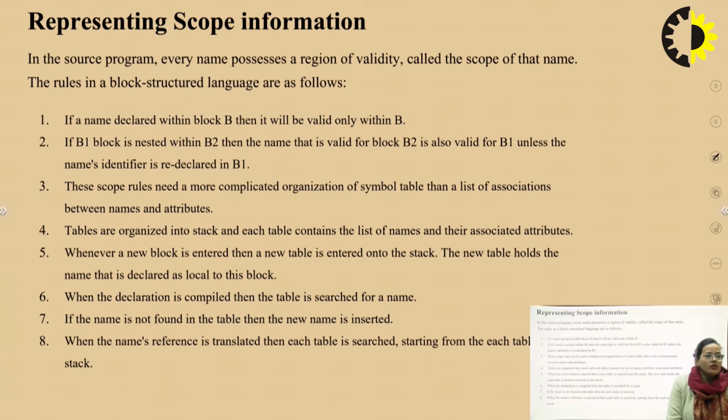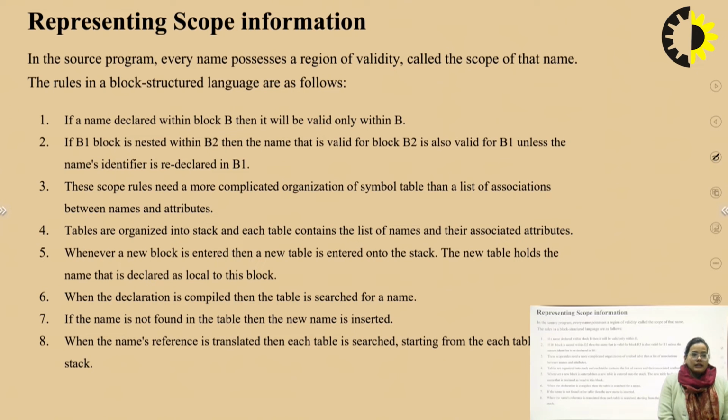Now, if block B1 is nested within B2, then a name that is valid for block B2 is also valid for B1, unless the name's identifier is redefined in B1. These scope rules need a more complicated organization of the symbol table than a list of associations between names and attributes.